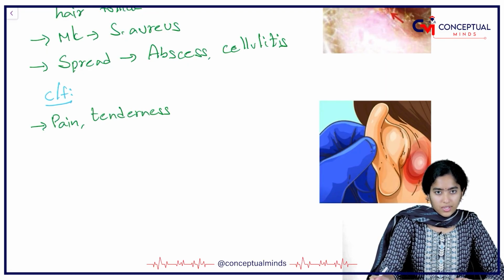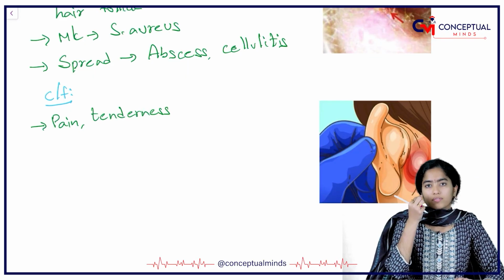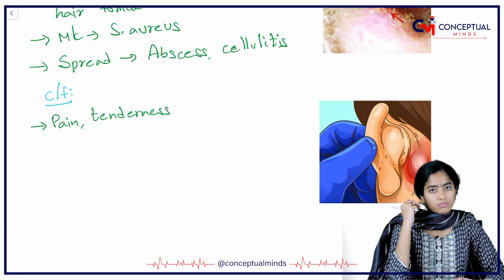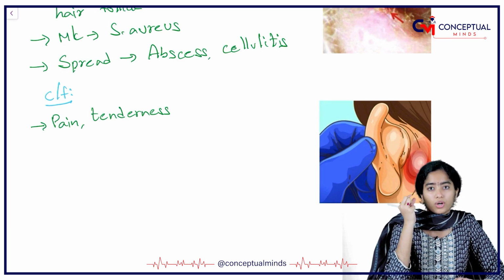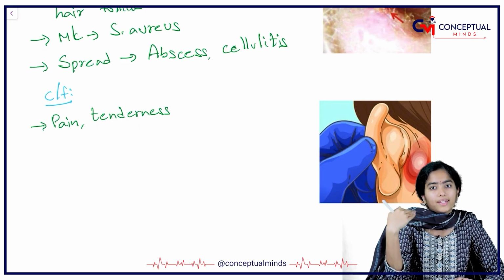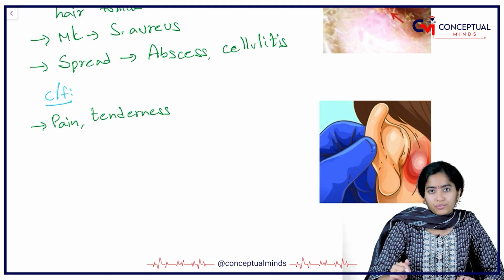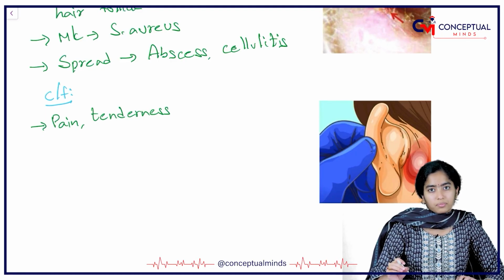Pain and tenderness are present, and this pain gets aggravated upon pulling the auricle. When the patient is already having a furuncle inside, any movement of the auricle, even when you are trying to pull the auricle and examine, that causes a lot of pain. The pain gets aggravated. And depending upon the position of the furuncle, it can cause some other special symptoms.